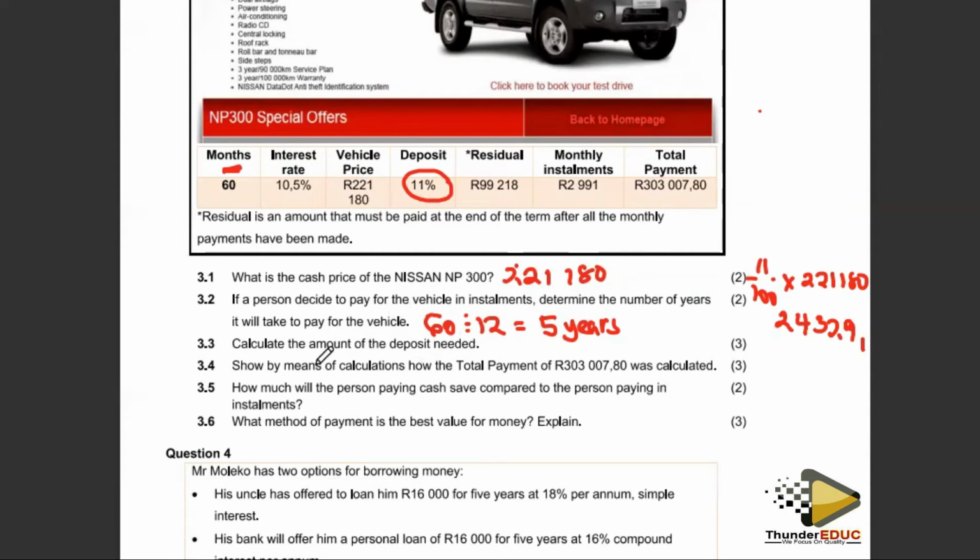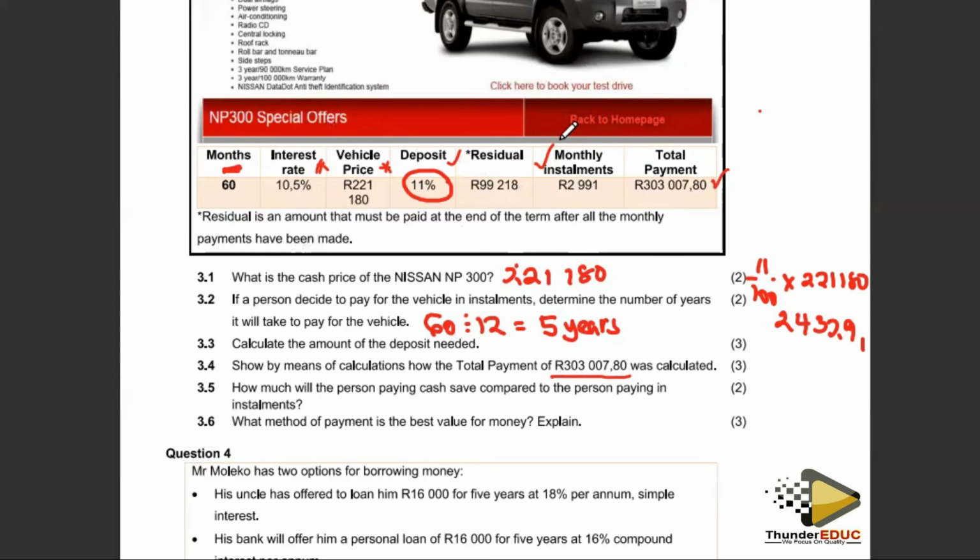So let's look here. Show by means of calculation that the total payment is this much. Remember, what are you going to include here? We cannot include interest. We cannot include the cash money. But it's supposed to be the deposit plus the monthly installment.